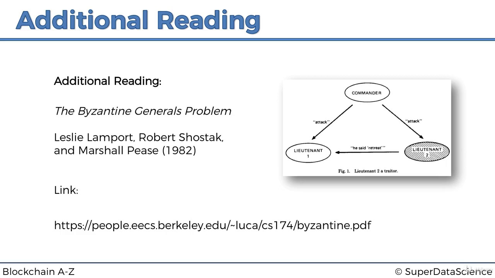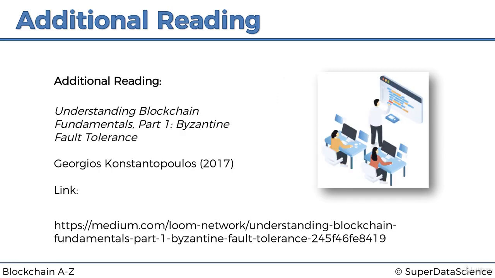If you don't want to go through it, you can just check out the blog called Understanding Blockchain Fundamentals Part 1, Byzantine Fault Tolerance by Georgios Konstantopoulos. It's on Medium. The link's here, and it'll also be in the notes for this course.